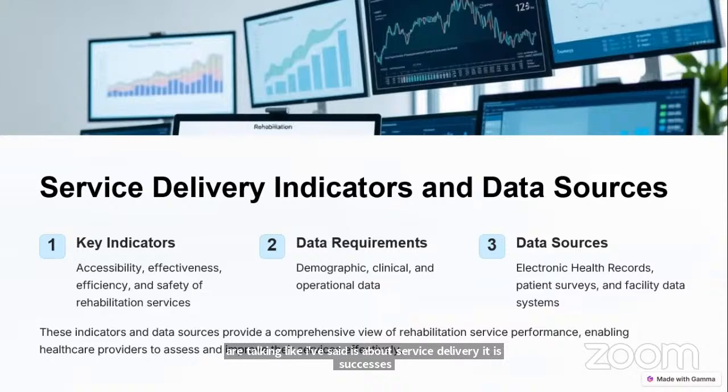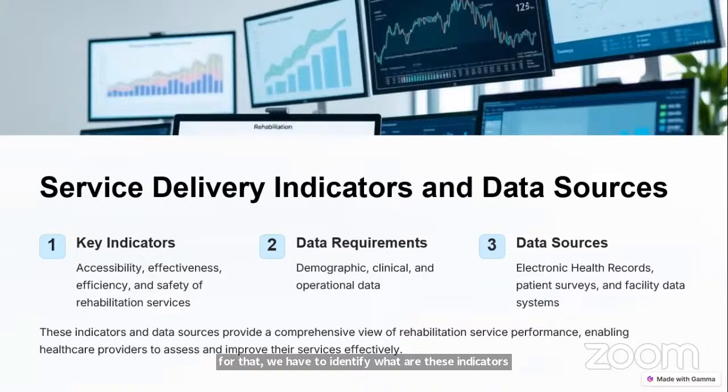So for that, we have to identify what are the indicators of these service deliveries, right? So basically, there are key indicators, especially in our own context. There are majorly 3 or 4, right? One of them is accessibility.